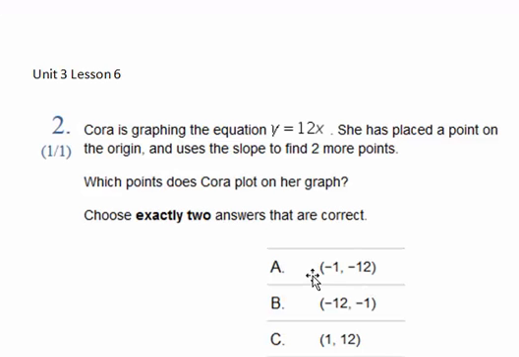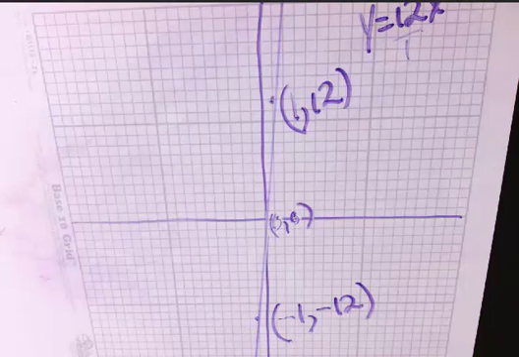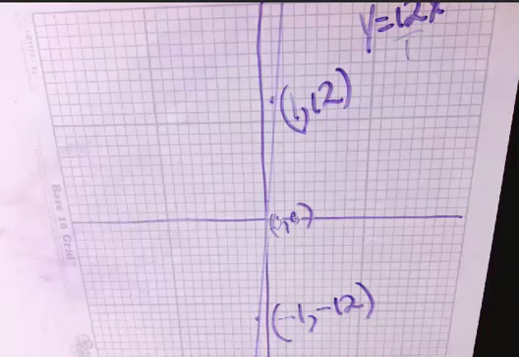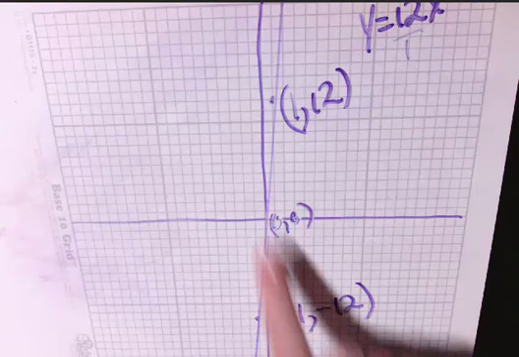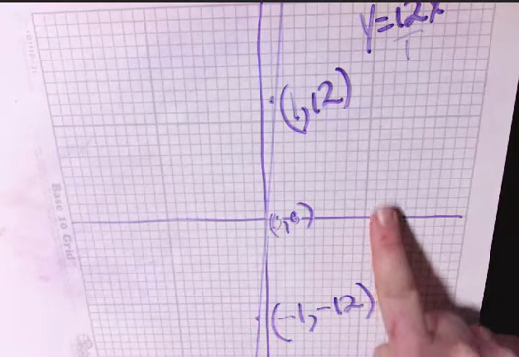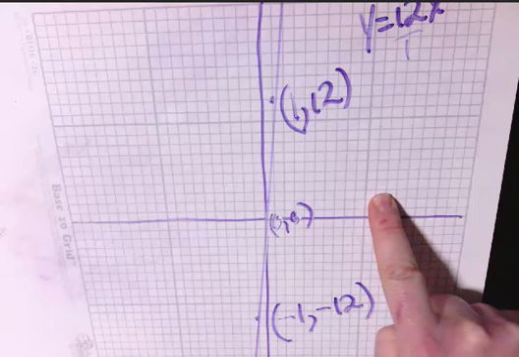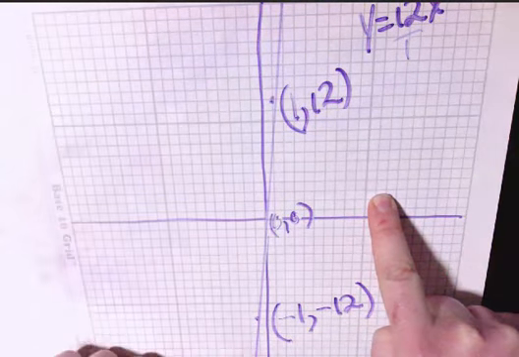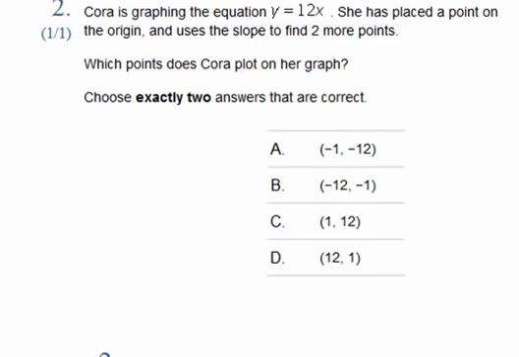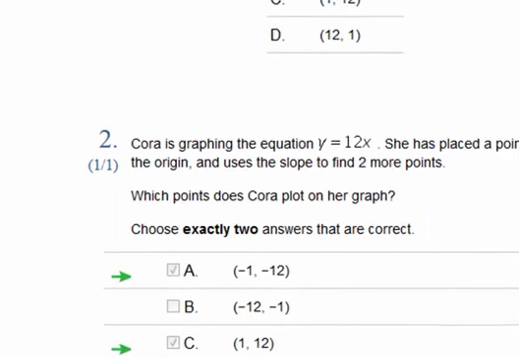Here we have negative 1, negative 12, which is one of the points that we found. B is not on it, A is on it, C is on it, and D is not. If we were plotting the point 12, 1, you would have to come over 12 places and up 1, so it's nowhere near the line that we drew with the slope that we had. So our answers are both A and C.